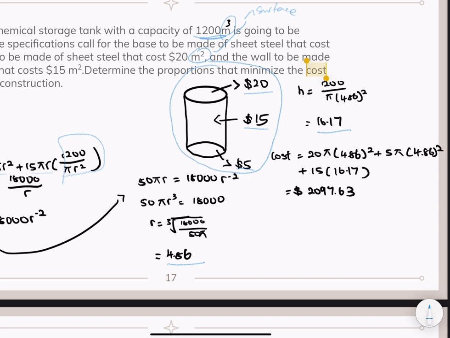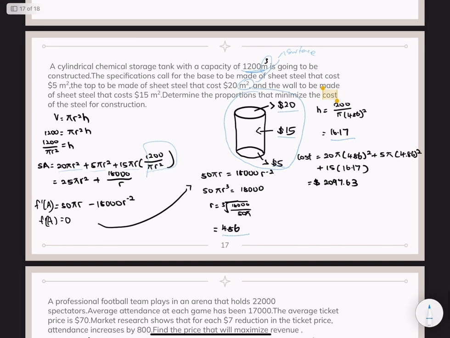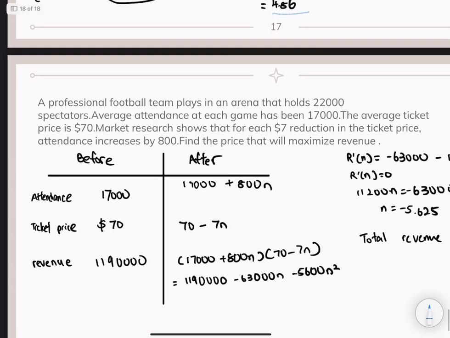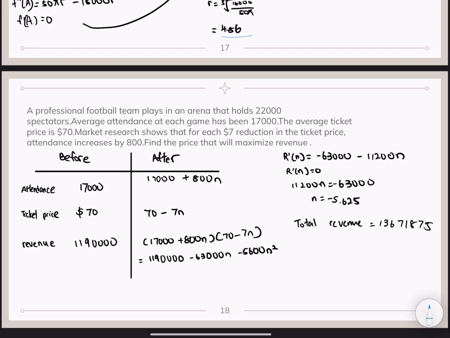So the cost is $2097.63. So let's move to the next question.